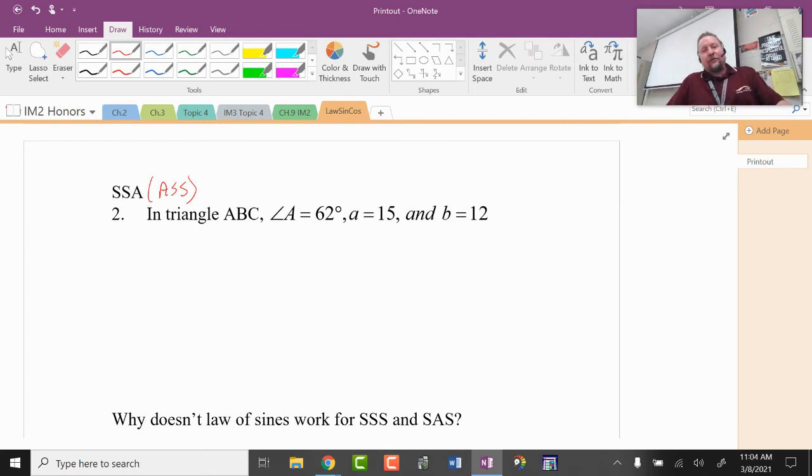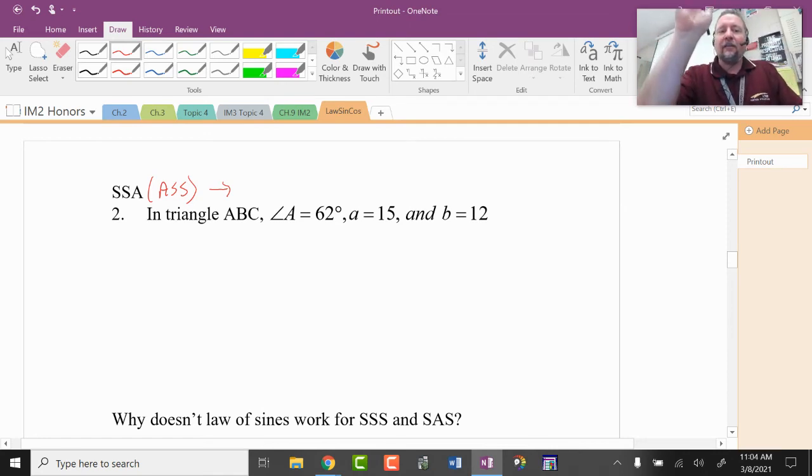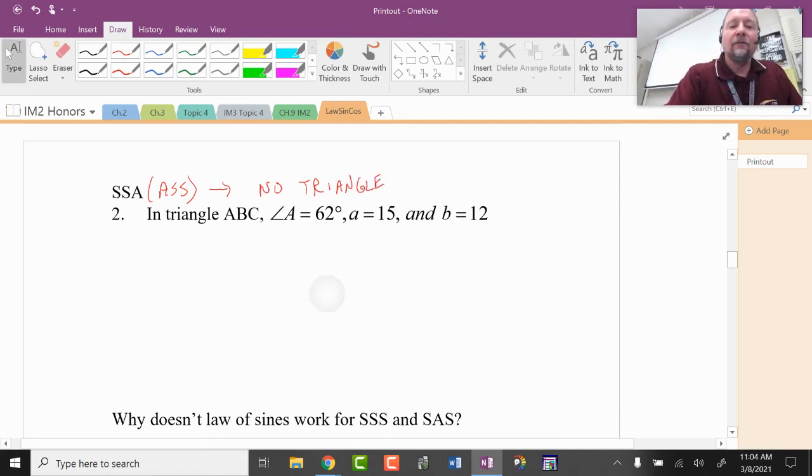When I used to teach geometry, I would write ASS on the page and say, don't ever write that in your paper because it can't be a way to prove two triangles congruent. But there's another thing. It's kind of a jerky thing to do to a student. When given ASS, it could quite frankly be illegal information and not even be a triangle. You know what you will get though? You'll just get a calculator error on the first step.